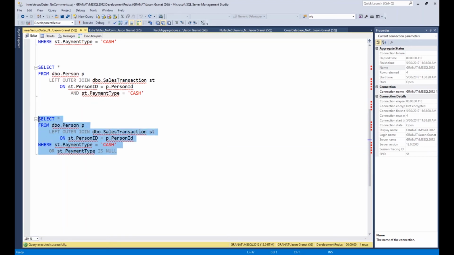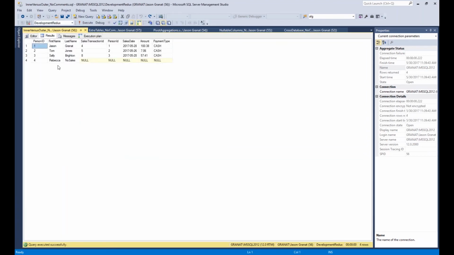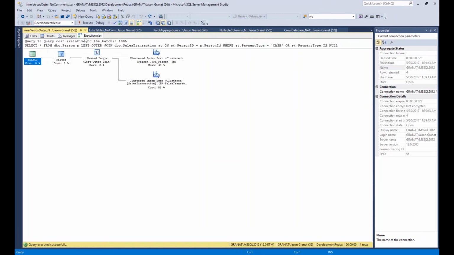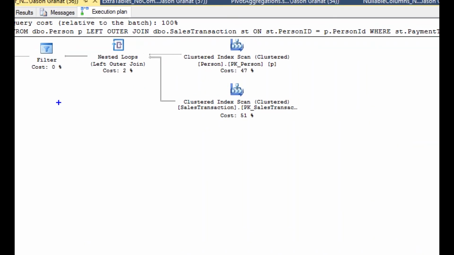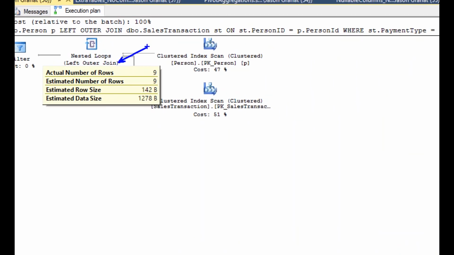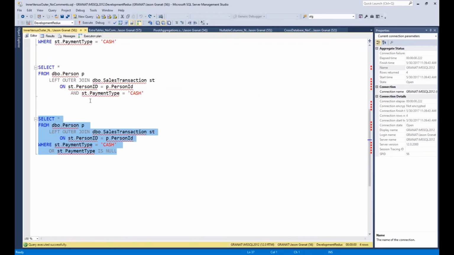And then that returns back what we were looking for. And you can see that the execution plan for this is similarly another arrow going the wrong way, another left outer join. So it kept our idea that we wanted that left outer join.